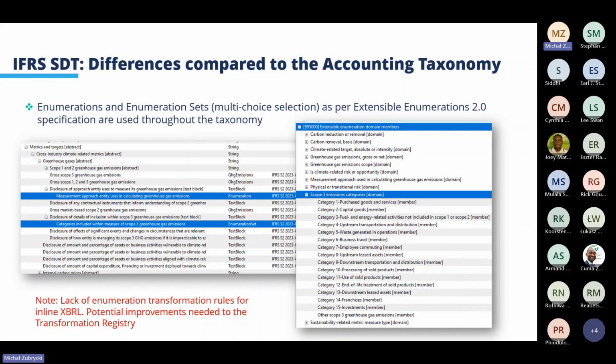Basically, defining a couple of options, a few options from a list of all the available options. That is referred to as an enumeration set, and the enumeration sets are actually already embedded into the proposed taxonomy for SDT.